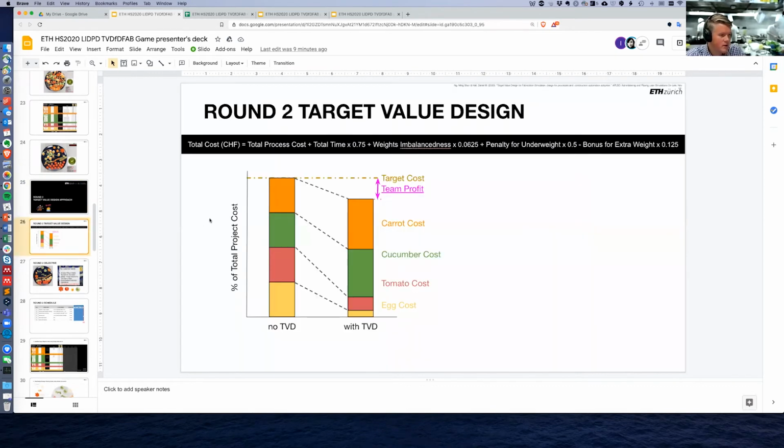So in round two, this is a basic overview of target value design. If these different colors represent the different costs of your carrots, you read in the literature about this idea of a target cost. So the target cost means that instead of starting with the design, just making a design and then providing a cost at the end of the design, which is traditionally how architecture, engineering, and construction handles it, it says, what if we start with a cost?